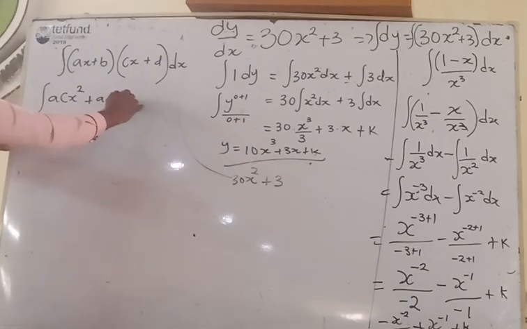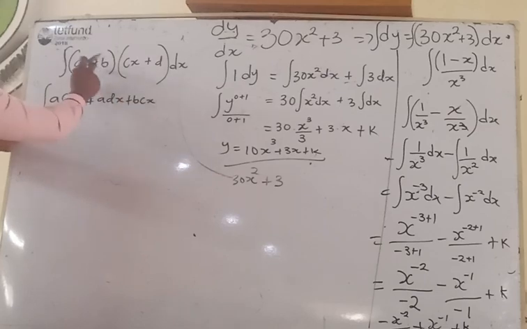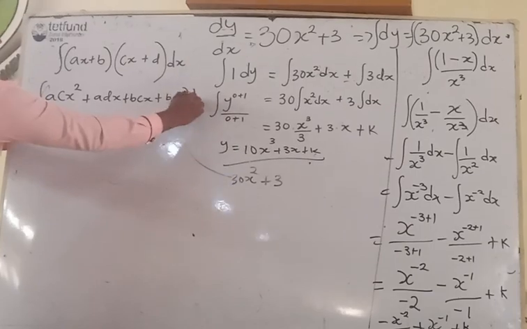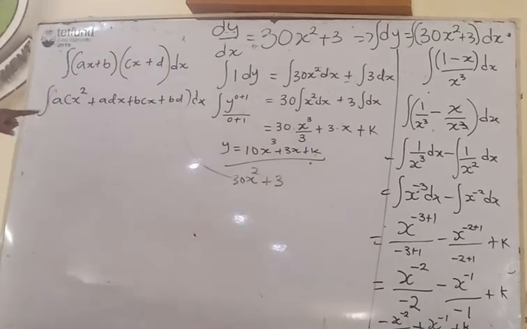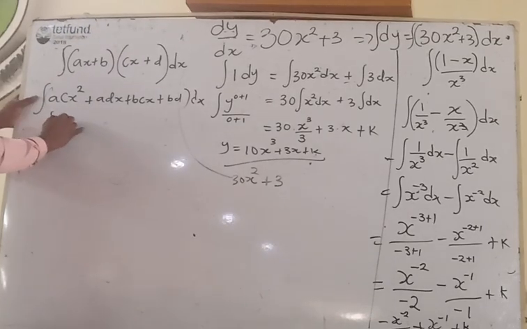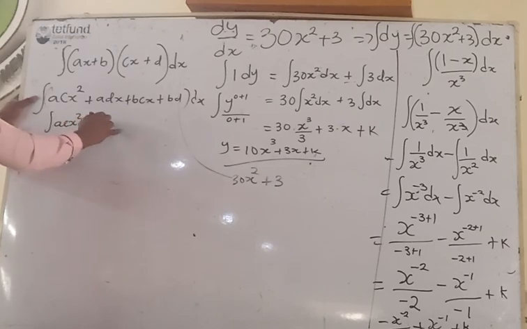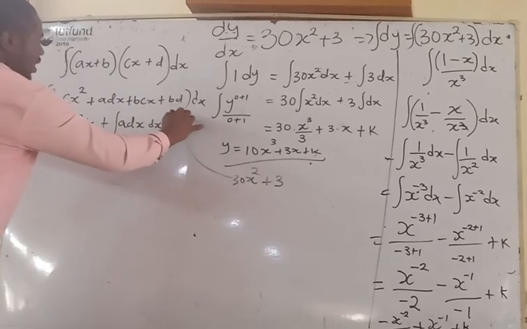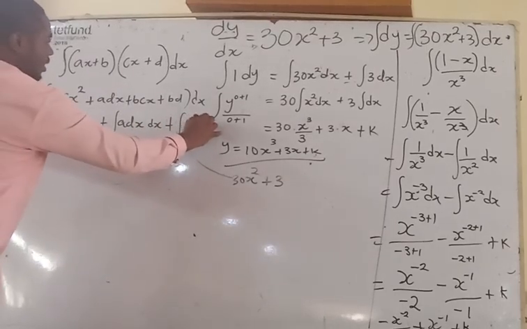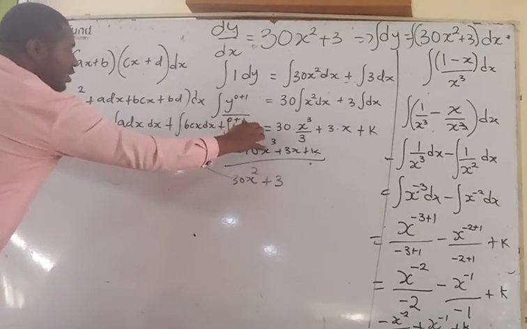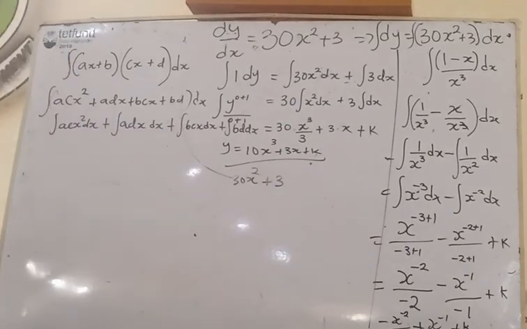This and this is going to be bcx. This and this is b and d. Right now, what is separating them is addition. So I can now take integral of acx squared dx plus integral of adx dx plus integral of bcx dx plus integral of bd dx. Do you understand? Are we on the same page?